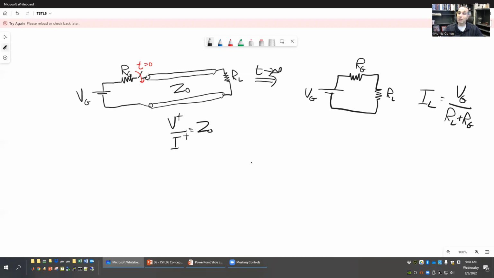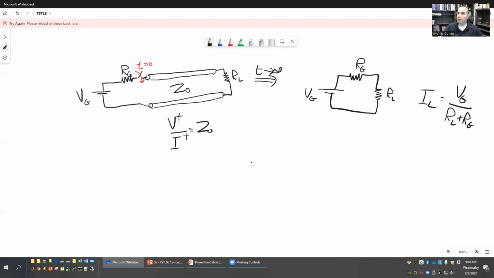So we think about steady state, and we say, okay, there's a voltage and current on RL, which no longer has the same ratio as the voltage and current on the transmission line. Something's wrong, right? Because we said that the transmission line forces a certain impedance, and the load resistor forces a certain impedance. So how could it be that these 2 things coexist after a very long time? What is the steady state condition? So how do we rectify those things?